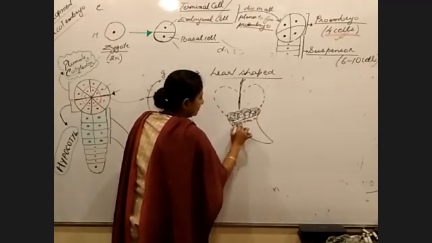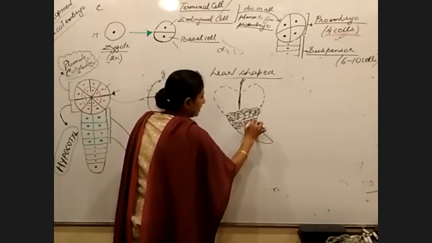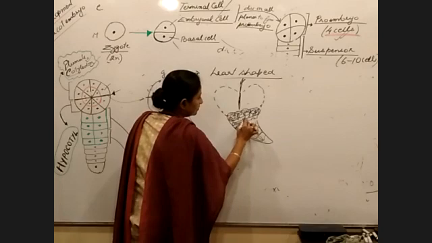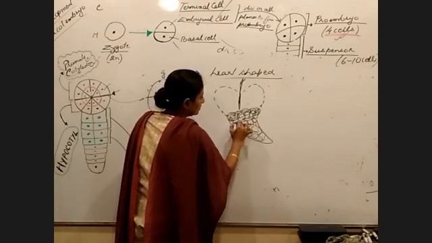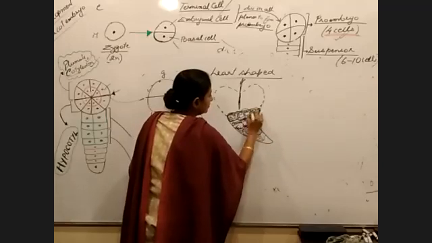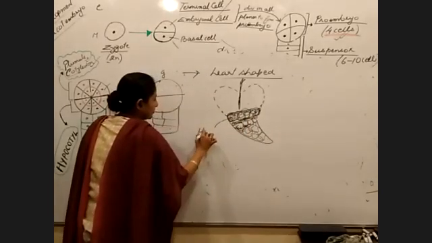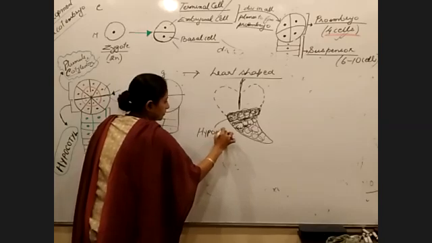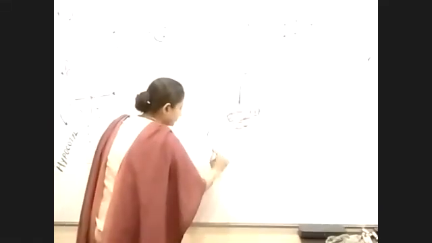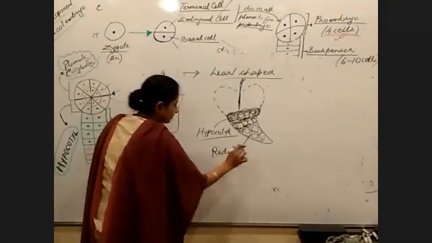Are you understanding? Rough diagram. Right? So this part, what did I say? Hypocotyl, and this part radicle.